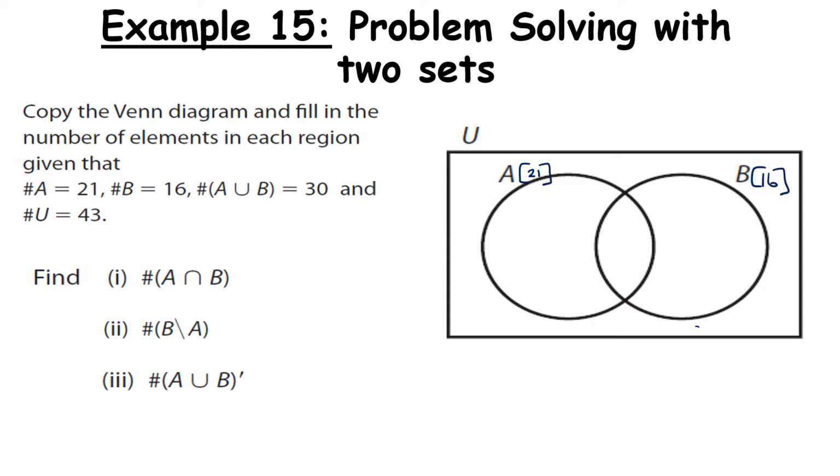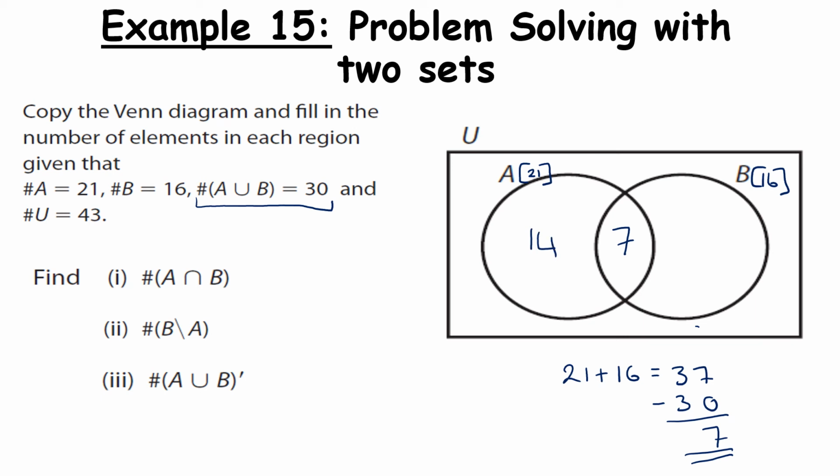So if we add those two together, 21 plus 16, that's 37. Now, A union B combined should only have 30. So if A has 21 and B has 16, combined they have 37, but only 30 people should be included in that, we have 7 extra. Those 7 extra, they go in here in the center.